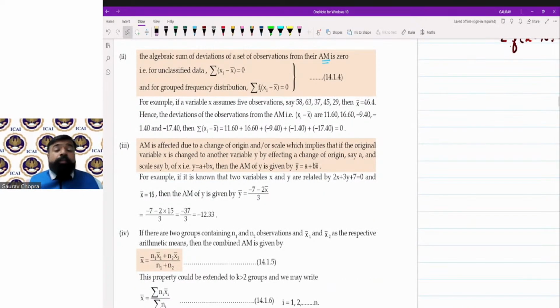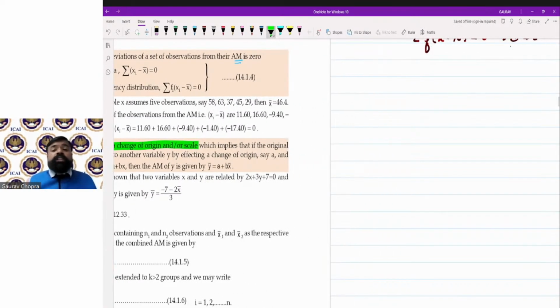Then property number 3. Arithmetic mean is affected due to change of origin and change of scale. What is the meaning of change of origin and change of scale?